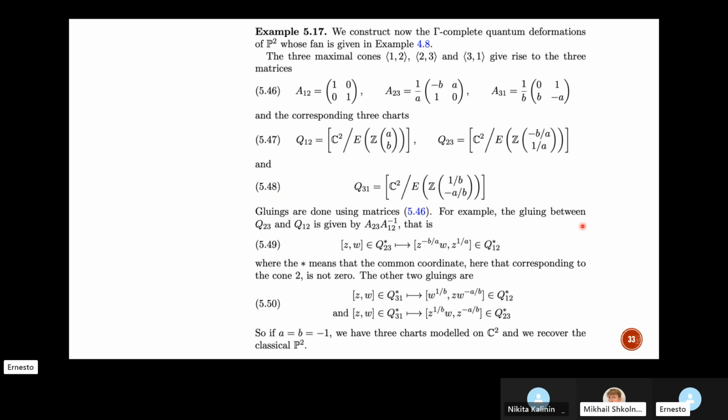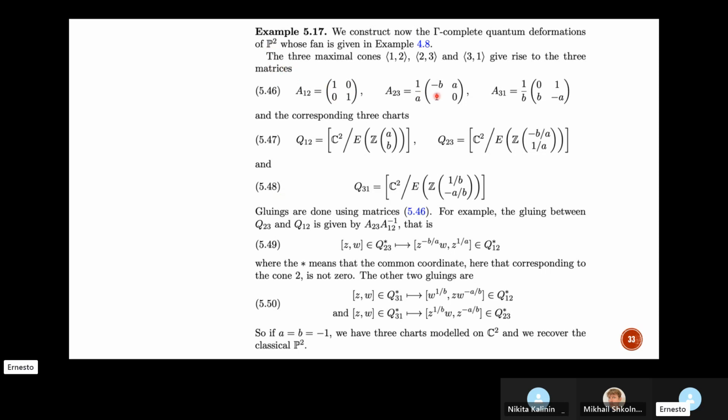It shows the third vector on R2, because H of (1,0,0) is (1,0), H of (0,1,0) is (0,1), but then H of (0,0,1) is some (A,B) that is on the third direction. It gives you the third direction of the fan.